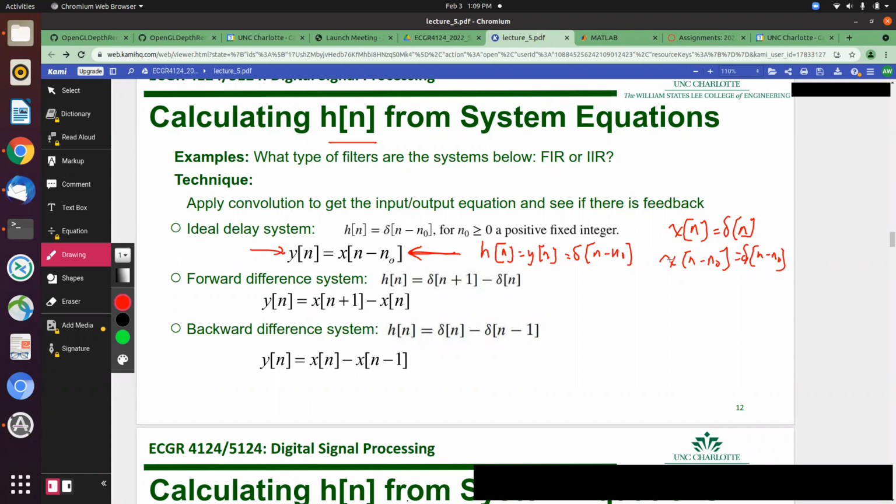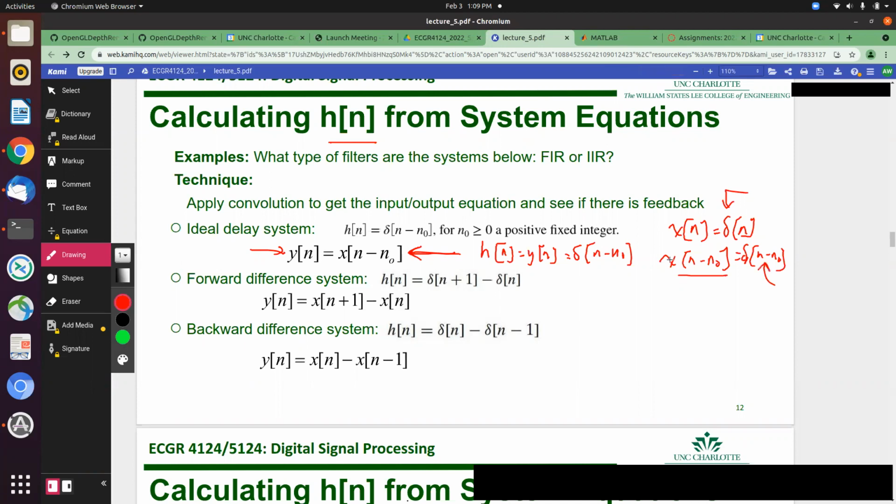So this is exactly like saying the output of the system is going to be whatever comes out if you let the input be the delta function. Well, if you let the input be the delta function, that's setting x of n to delta of n. If you have x of n minus n naught in your system, that means you have to put an n minus n naught wherever you would have an n.